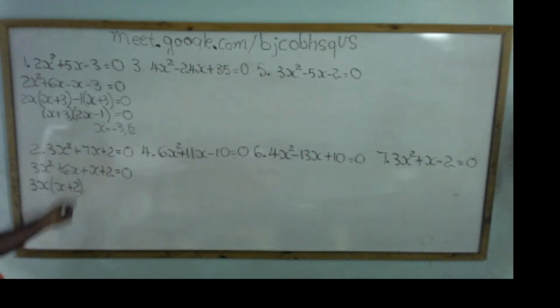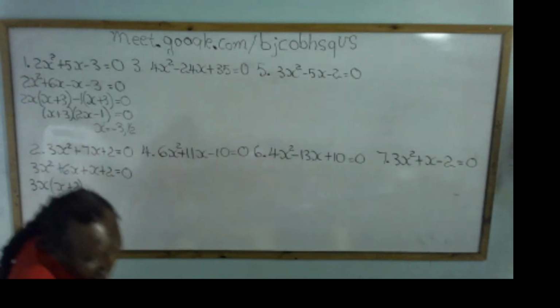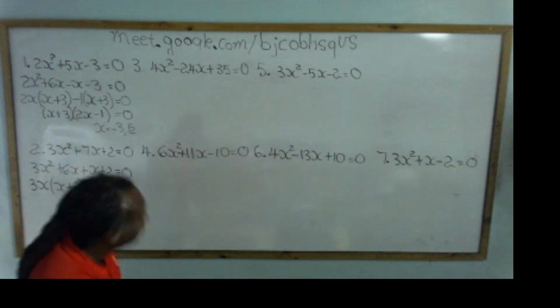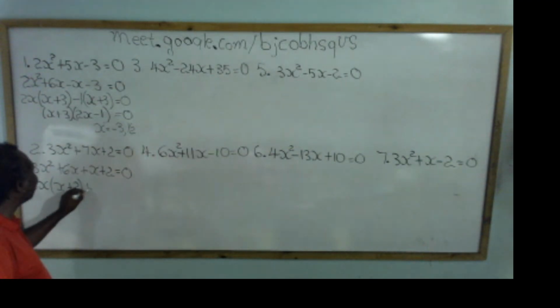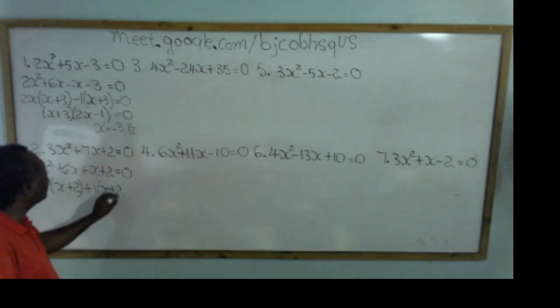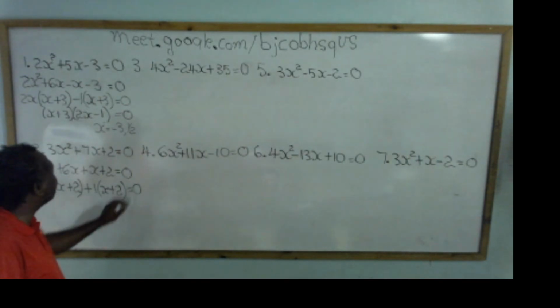Going by analogy, there is no visible common factor. Come on, don't do that. There is no visible common factor, so the common factor is 1. And of course, there is no problem because the signs are all positive. x and 1 into 2 is 2, equals 0.